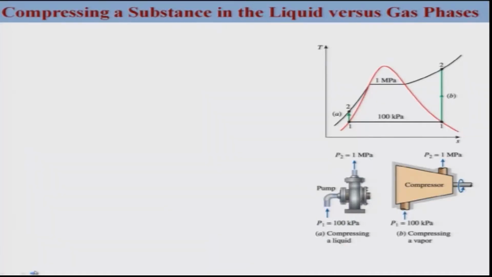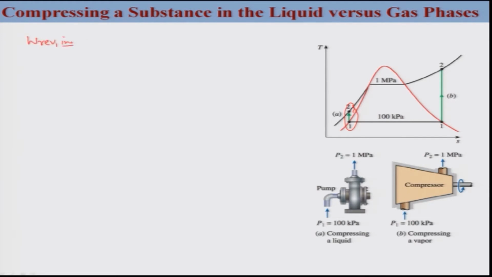Now we can try to calculate this work reversible for two specific systems. One is for the saturated liquid, and the other is for the saturated gas. So here is an example where both of these processes which we are going to consider are isentropic processes, that means the entropy is constant, and then we are going to analyze how we should be considering the calculation of W reversible in.